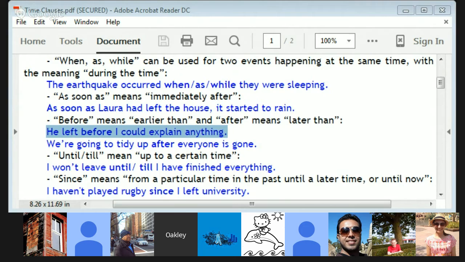So can I say that the train had left before we arrived? Yes, you can. Let me type that one. The train had left before we arrived.